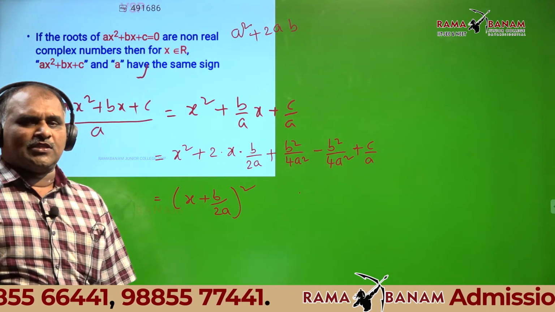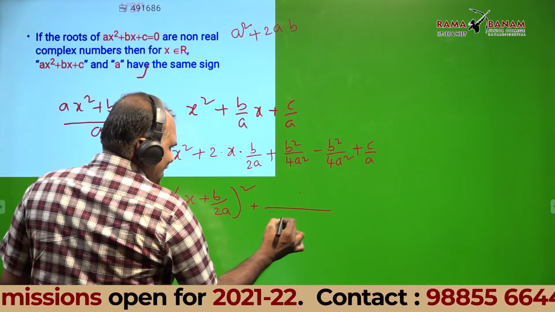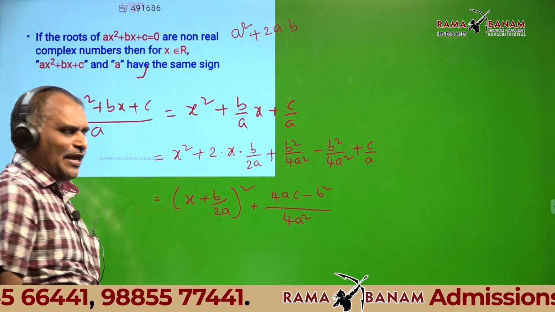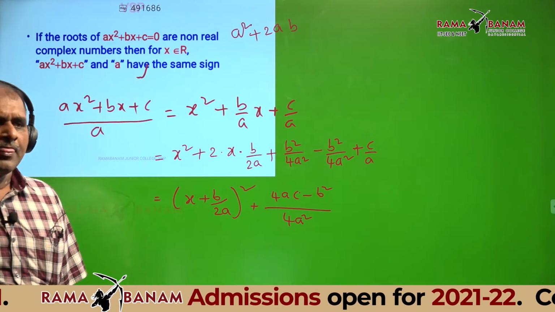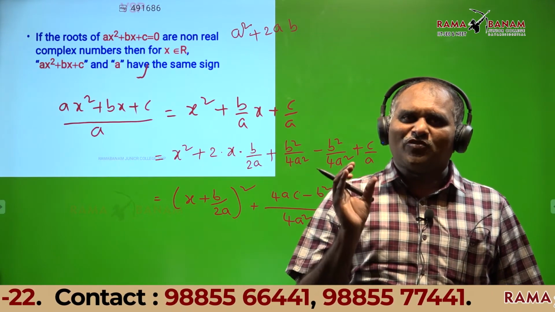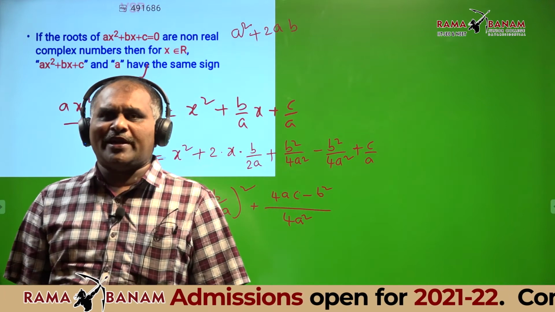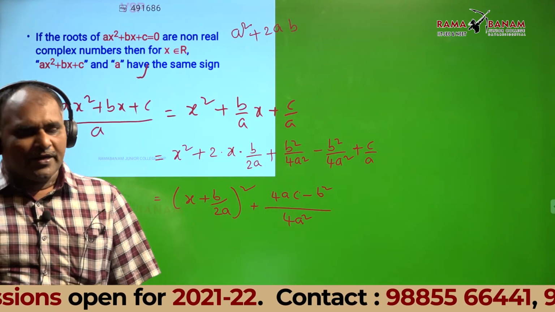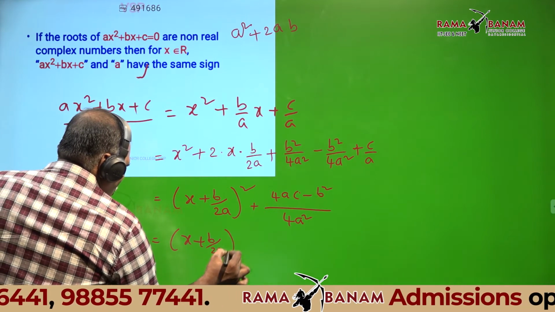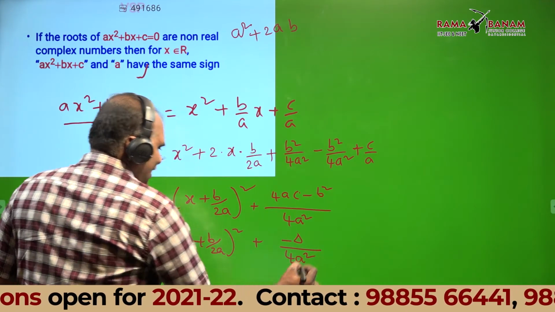For the last 2 terms, take the LCM, 4a square. You get 4ac minus b square. What is b square minus 4ac? Discriminant. What is the discriminant denoted as? The symbol is delta. Therefore, I can write x plus b by 2a whole square equals minus delta divided by 4a square.